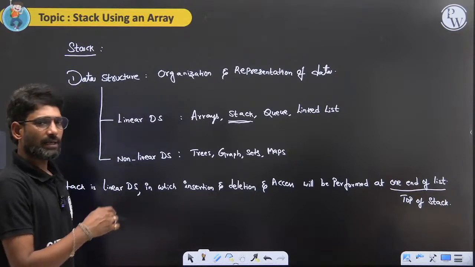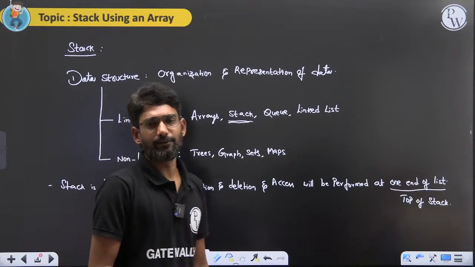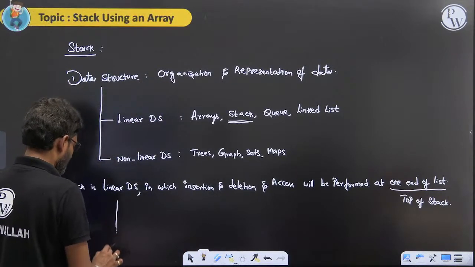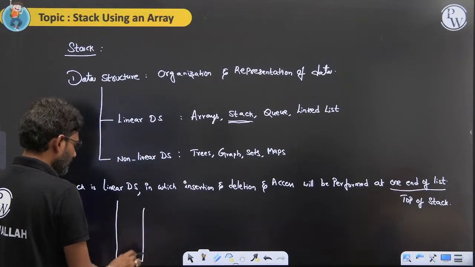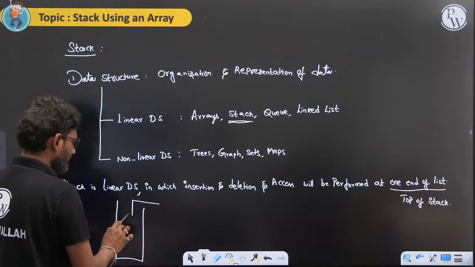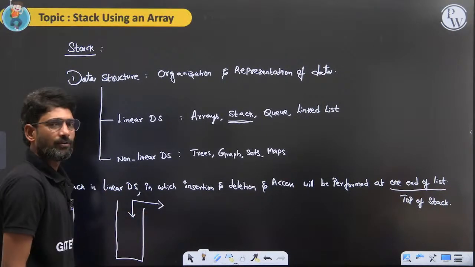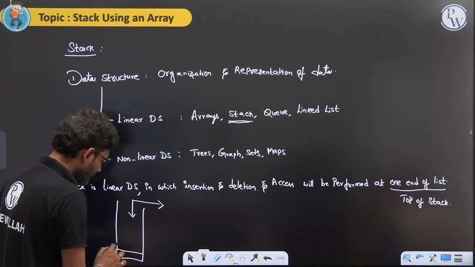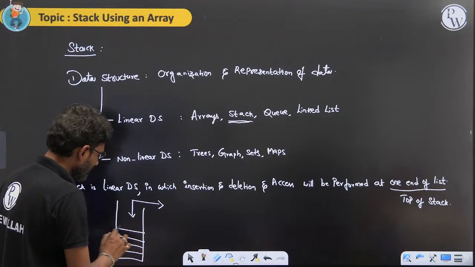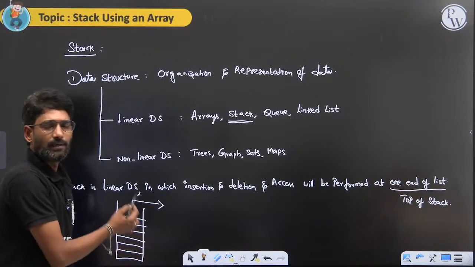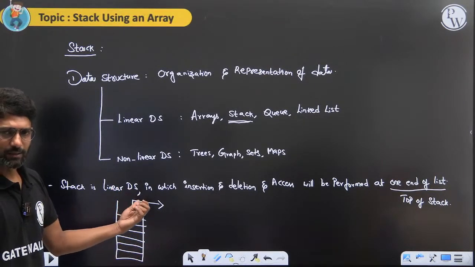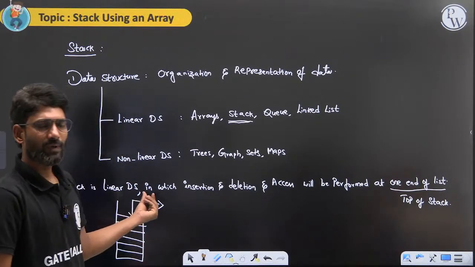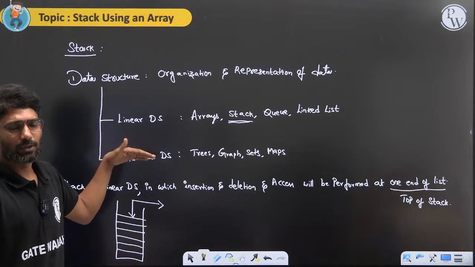So, when you are inserting and deleting from the same end, if this is the list, one end is closed, insertion and deletion we will be doing from a single end. Then as you keep inserting, the elements will be occupying the list in this manner. Whatever you insert recently will be coming up on the top.